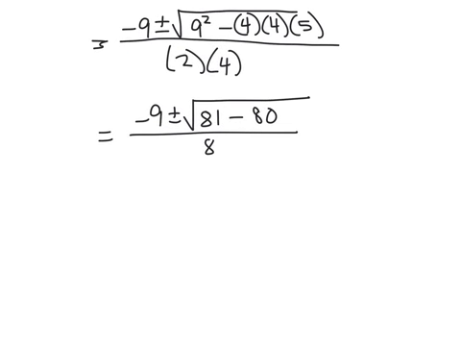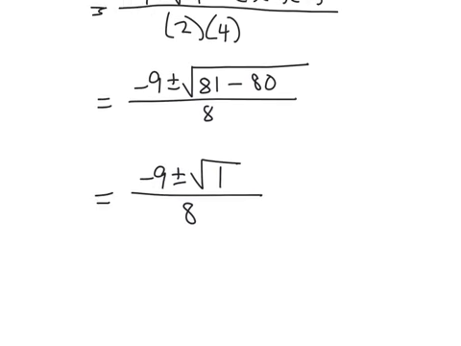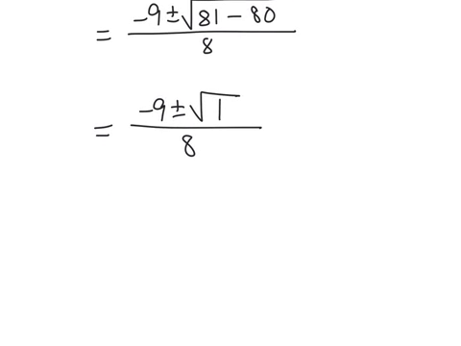And so negative 9 plus or minus the square root of 1, over 8. All right, so that's easy. That becomes negative 9 plus or minus 1, because the square root of 1 is saying what times what equals 1. So it's 1, all over 8.